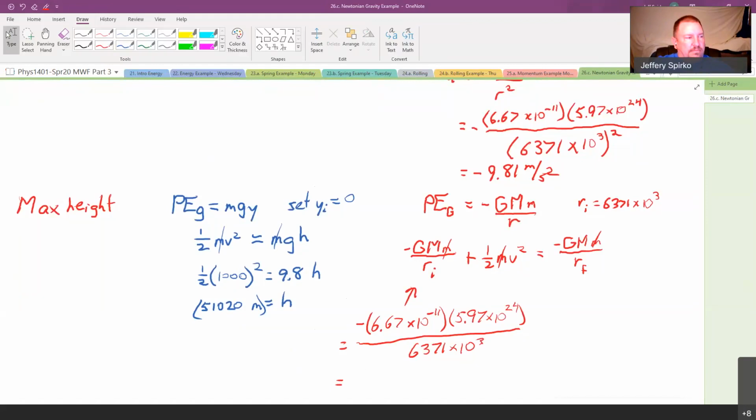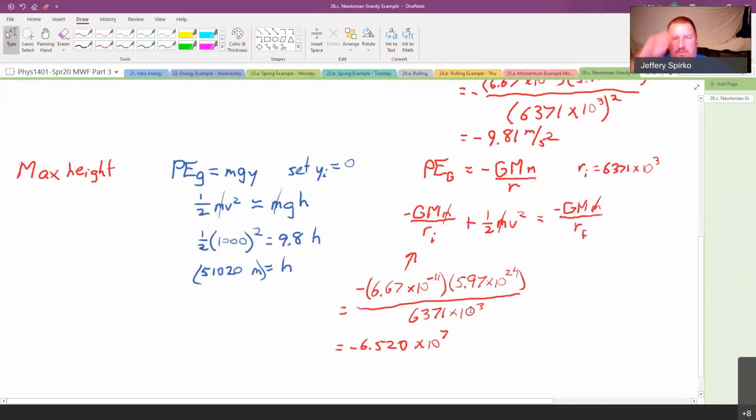So PE initial over m is minus G times capital M divided by the radius. Let me fix my formula before I give you my result. I want to get an extra digit of precision here. So this is minus 6.520 times 10 to the 7th.